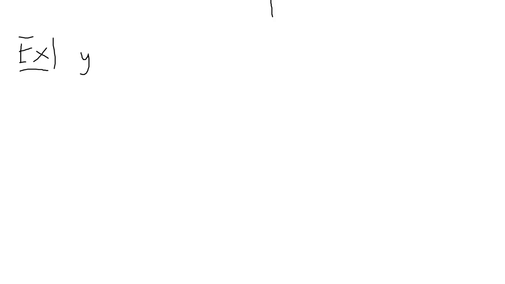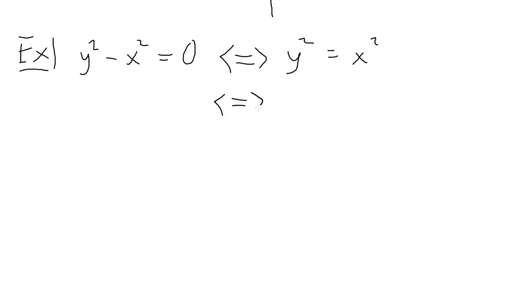But what if we had this equation, y squared minus x squared equals 0? So we solve for y, get y squared equals x squared, and we need y by itself, so we take the square root. But when we take the square root of a variable, then we need to account for that.